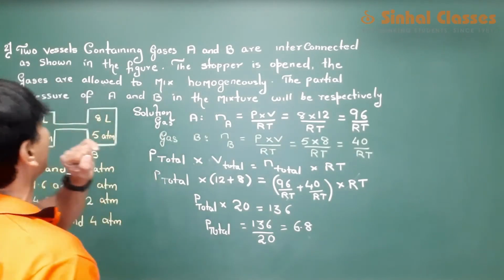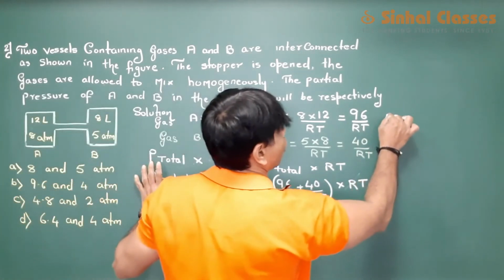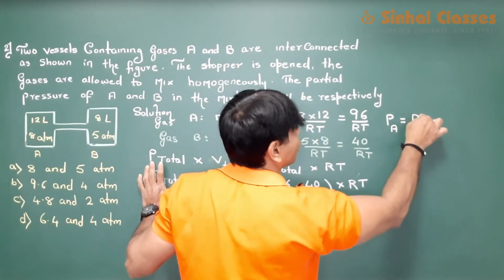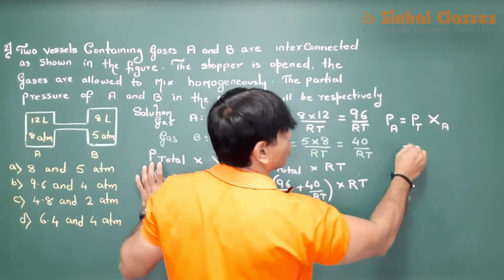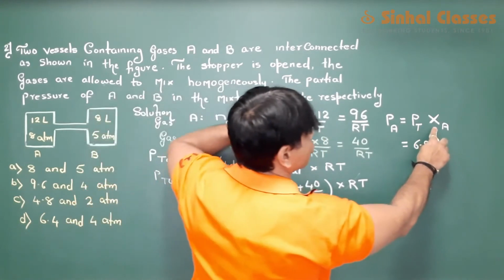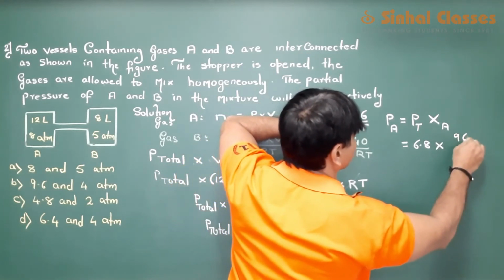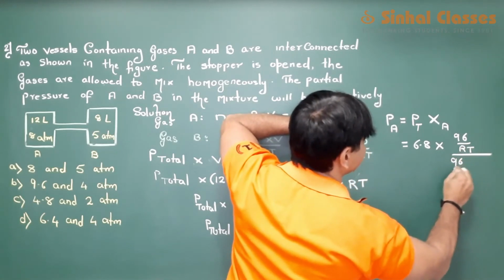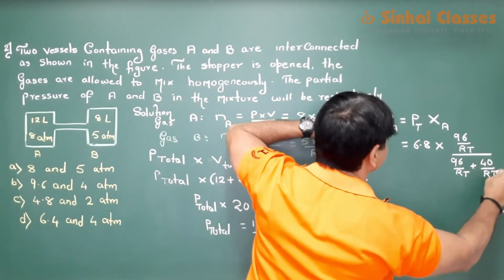But you want what? Partial pressure. You want the partial pressure of A and B. So, partial pressure of A will be equal to total pressure into mole fraction of A. So, total pressure is 6.8 into mole fraction of A. For mole fraction of A, you have moles of A, that is 96 upon RT, upon total moles, which is 96 upon RT plus 40 upon RT.